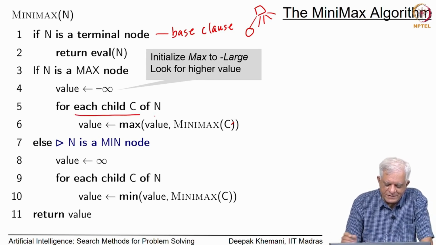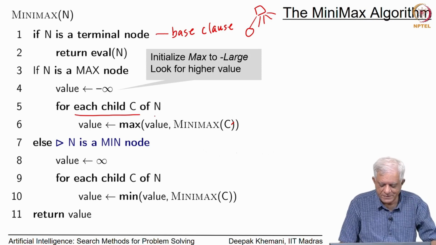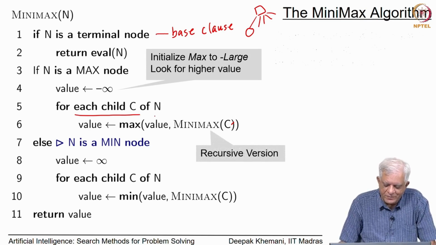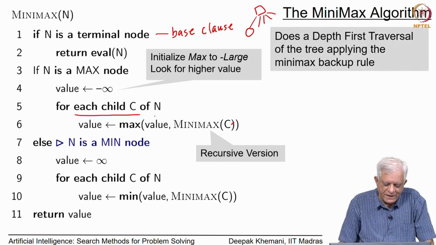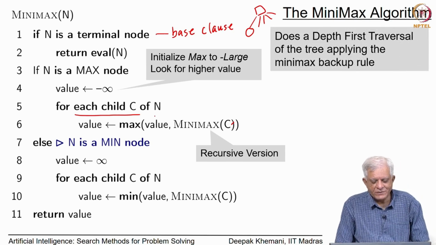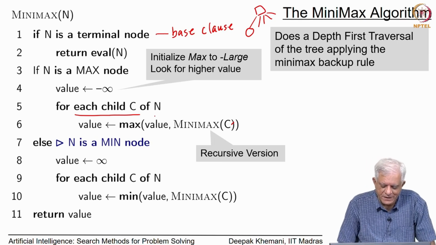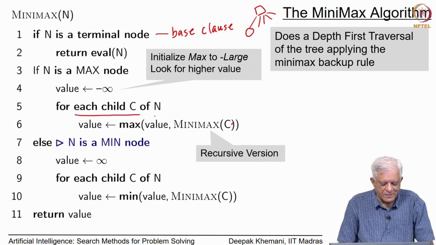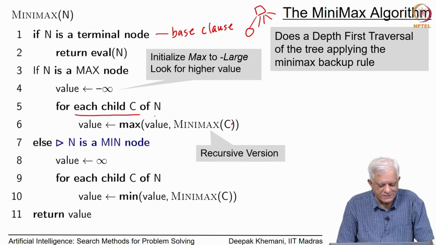We recursively call minimax, the same algorithm, compute the value of the child, and max chooses the maximum of the value that it had to start with and the value that is returned to it by the recursive call to the minimax algorithm. Remember that we initialize max to minus infinity.